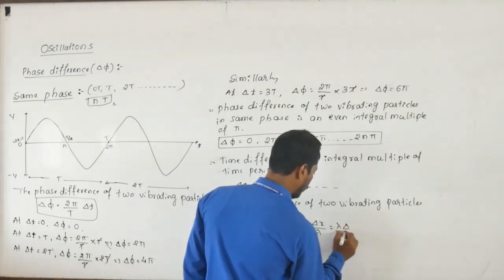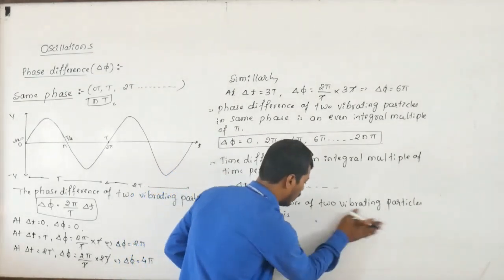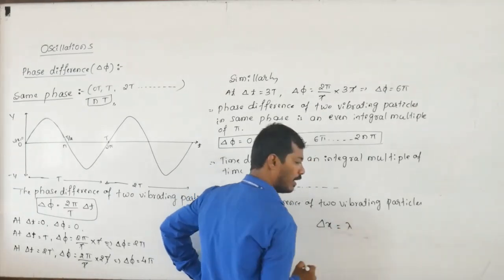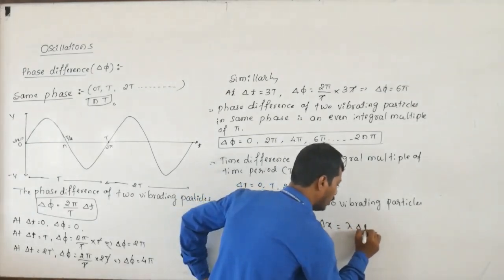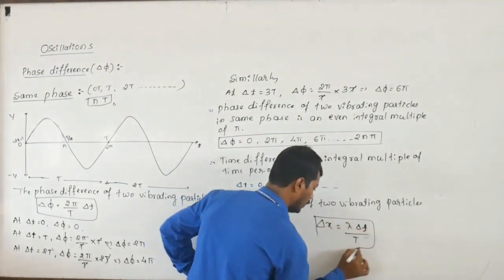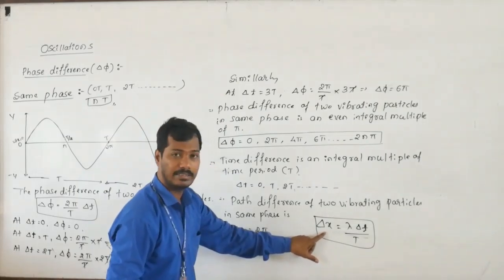Delta x is equal to lambda into delta t divided by T, using yesterday's formula. The lambda in the denominator of the left side becomes a numerator.